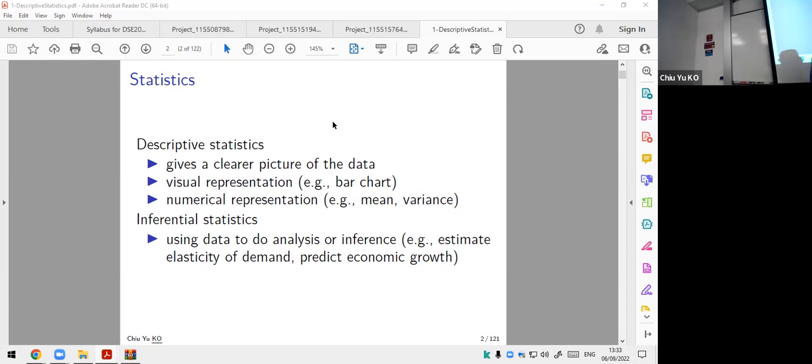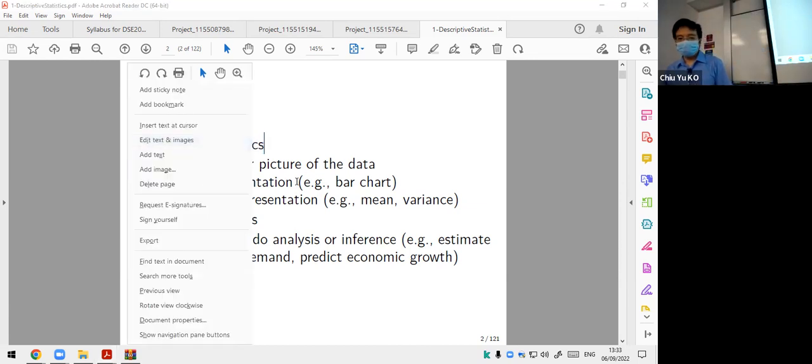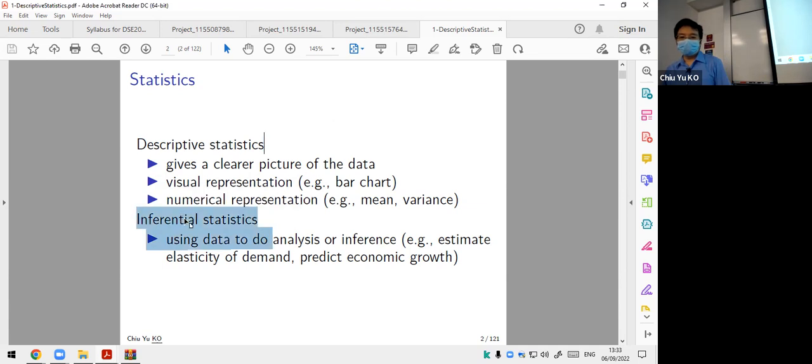In our class syllabus, the first two topics are descriptive, and the remaining topics are inferential statistics. Descriptive statistics is basically what you learn without learning about probability. Just simply your data. You try to clean up the data and make it clear to understand.